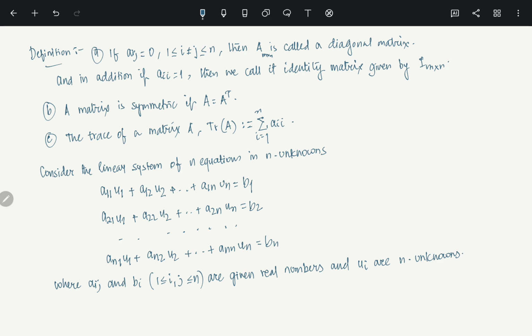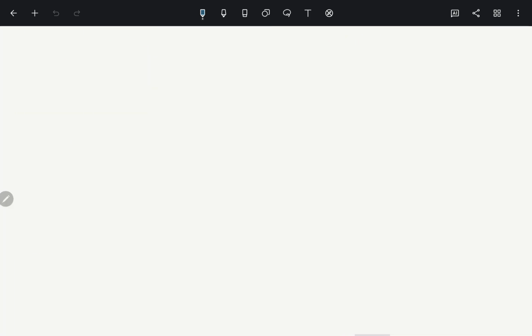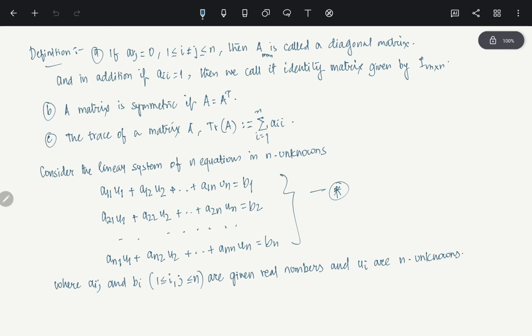If you consider this system, let's call it the system star. If we put it together, we can write it in a compact way.